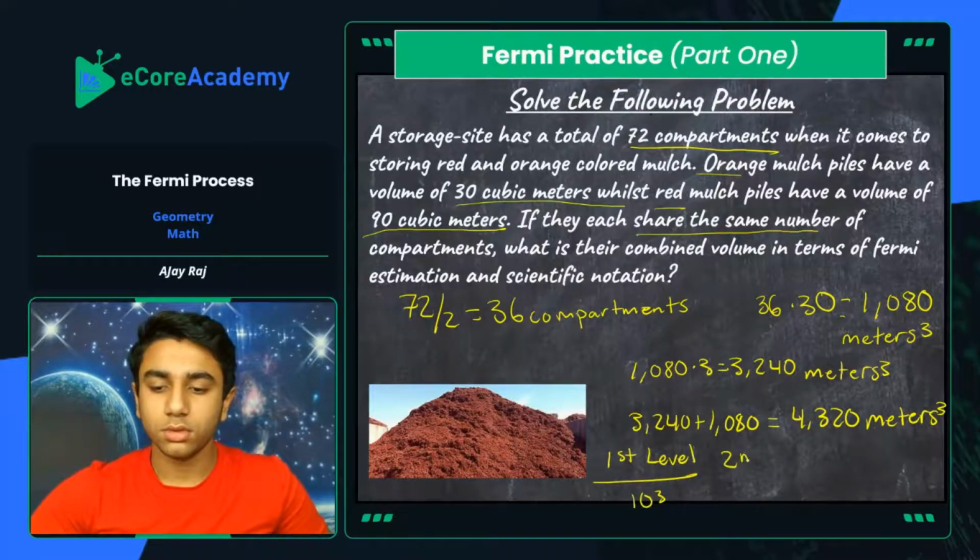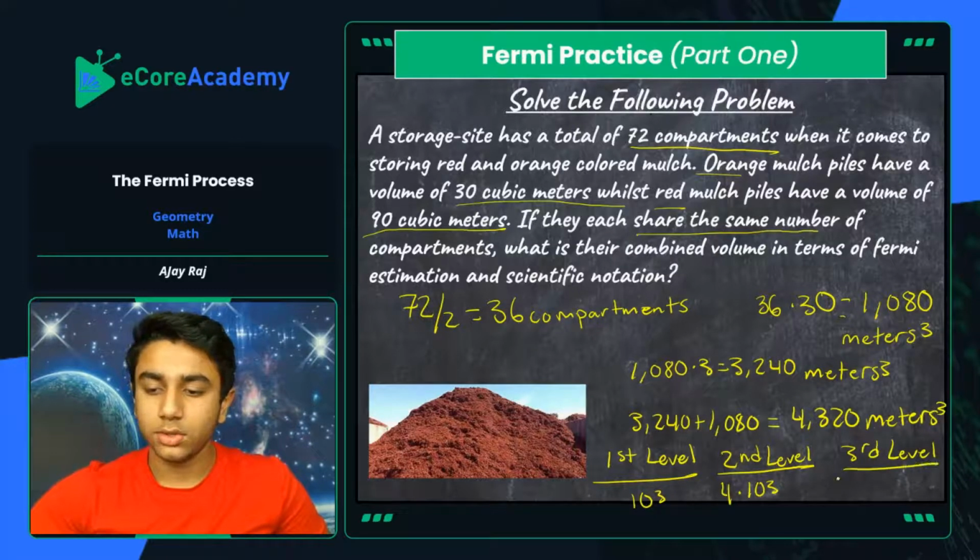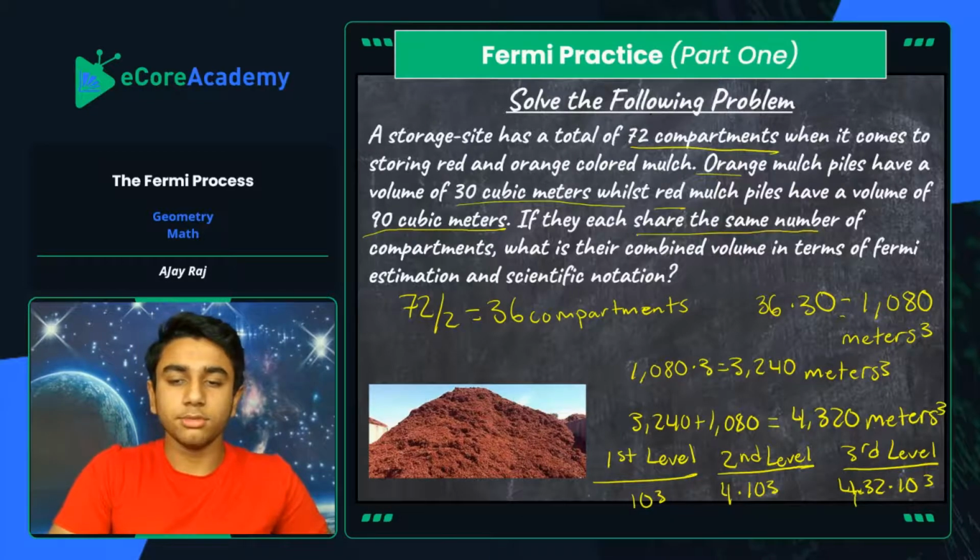Second level, this would be 4 times 10 cubed. And then third level, this would be 4.32 times 10 cubed. And that is our calculation. Now let's move on to the next problem.